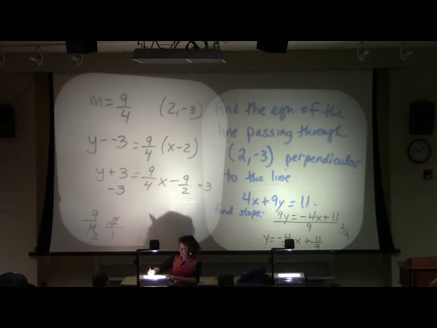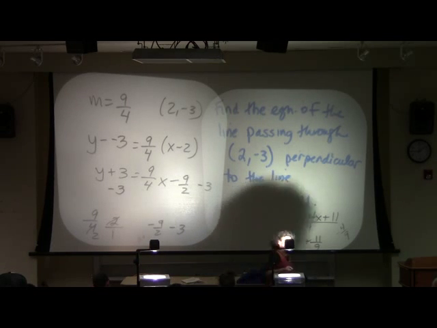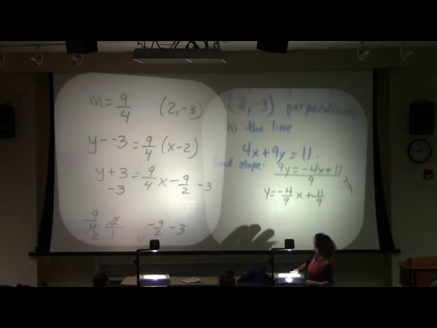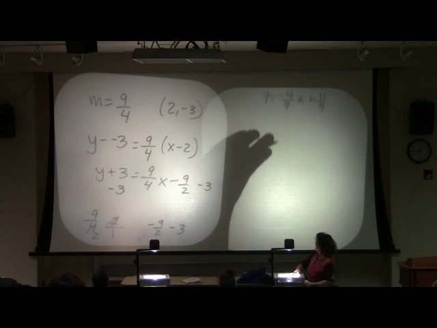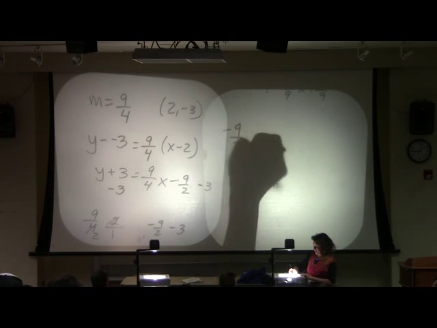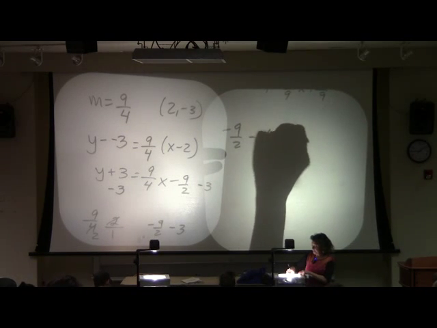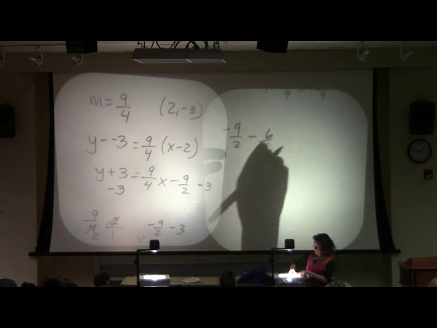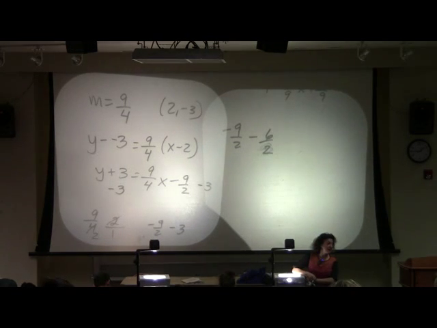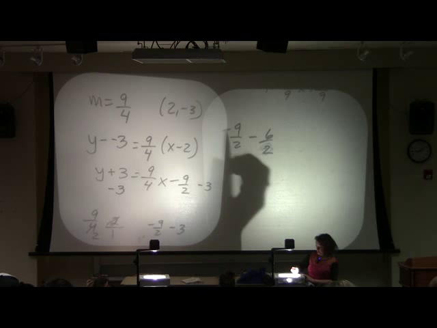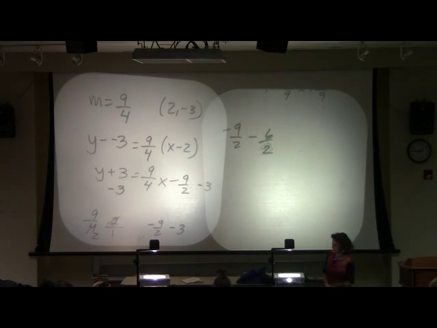Well, I've got to do negative 9/2 minus 3. What do you need, you guys? You need a common denominator. Do you guys agree 3 is the same as 6/2? What's negative 9/2 minus 6/2?